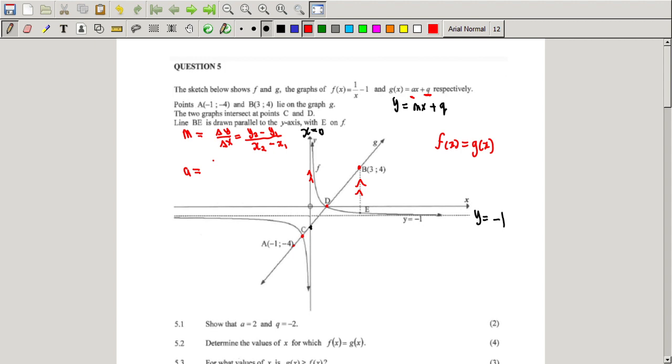Let me just say 4 minus -4 divided by 3 minus -1. I think I shouldn't write these things here. I should just go down.